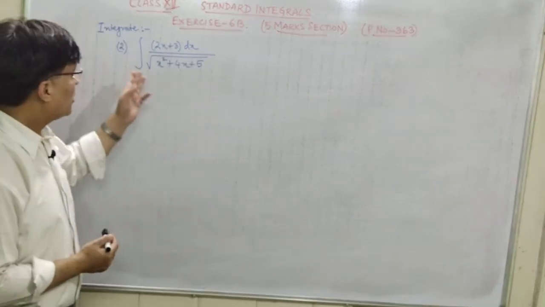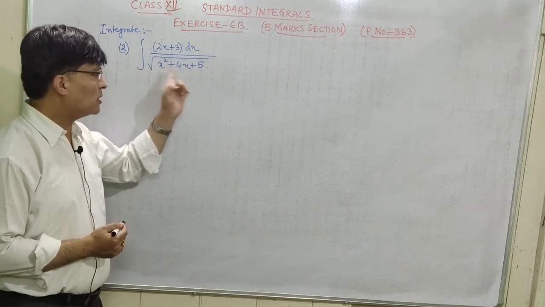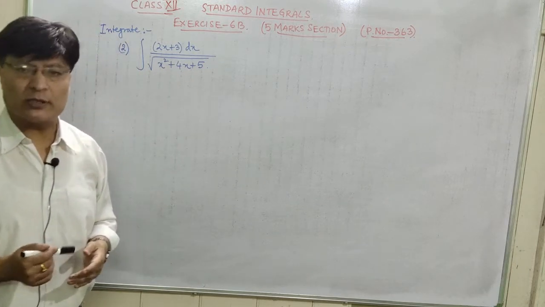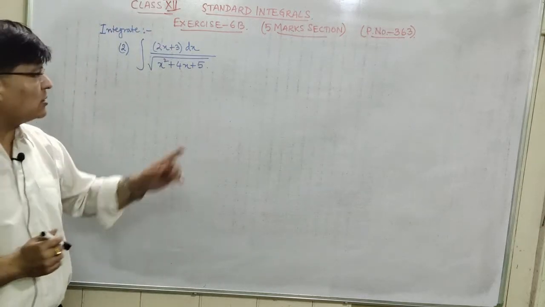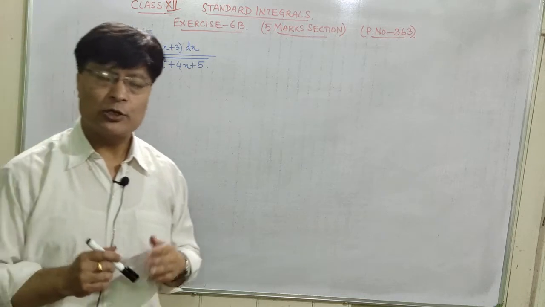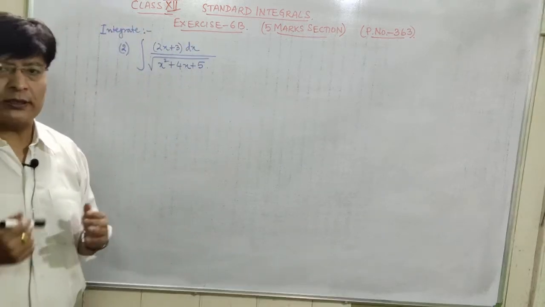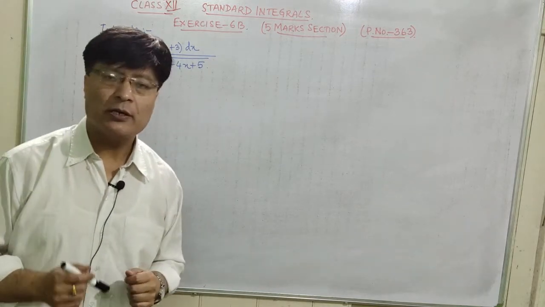Now in the denominator there is a term containing x square, a term containing x is also there, and there is also a constant, so you cannot separate the terms in this case because there is a term containing x also. So we cannot use the previous question's method in this case.